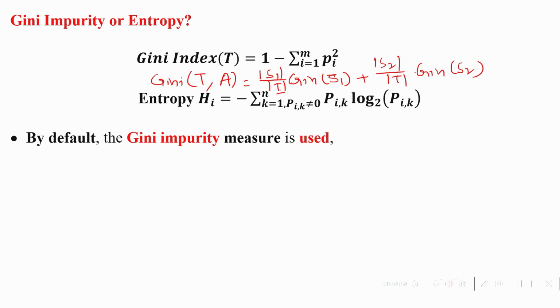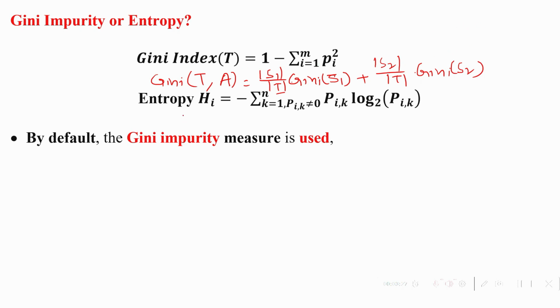So you find the Gini index of the target with respect to subset S1, plus mod of S2, the total number of elements in subset 2, by the total number of elements in the entire data set, into Gini of S2. With that we find the delta Gini value, and based on that we find the root node.